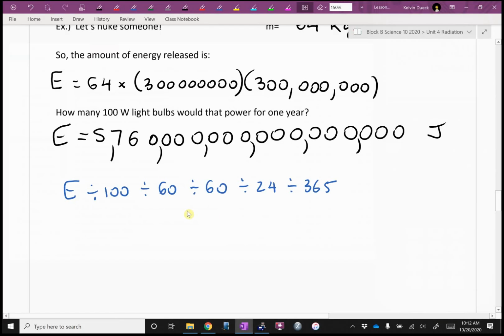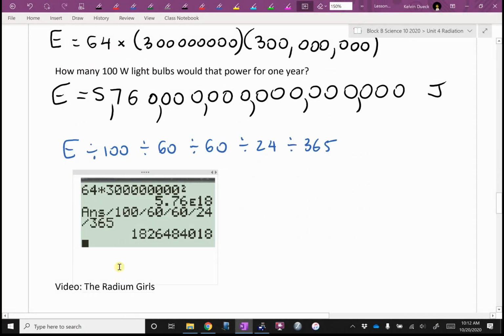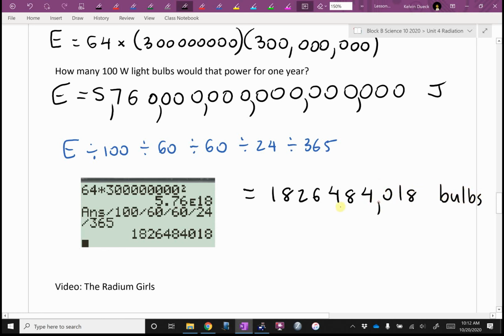So this is 1, 8, 2, 6, 4, 8, 4, 0, 1, 8. If I put the commas in, we could light 1.8 billion light bulbs for an entire year.